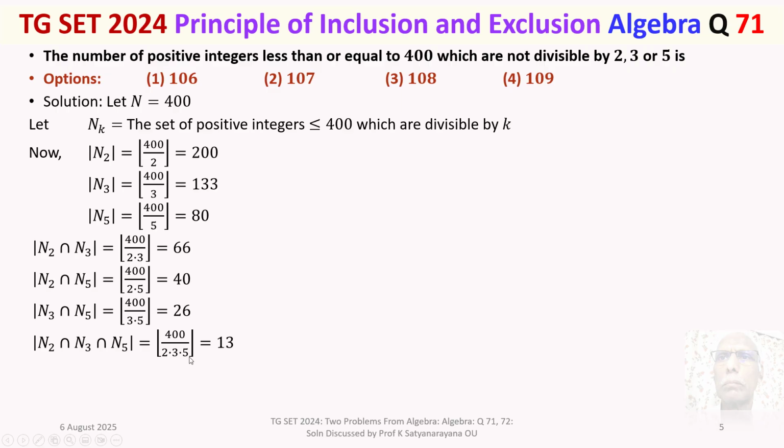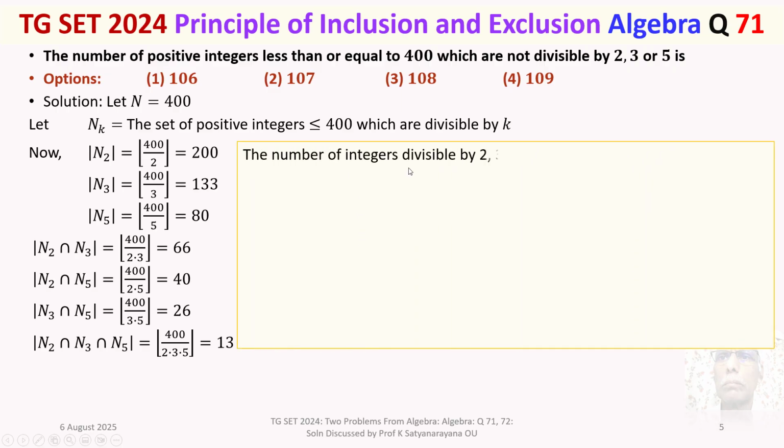Therefore, 2 into 3 into 5 is 30, and that will come as 13. So, the number of integers divisible by 2 or 3 or 5 is the number of elements present in N2 union N3 union N5.